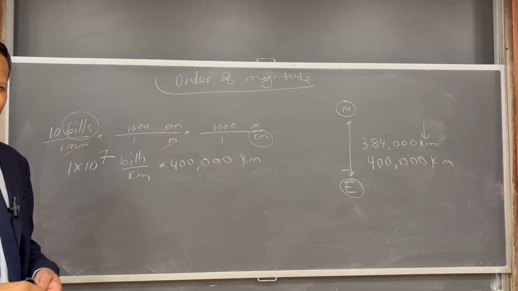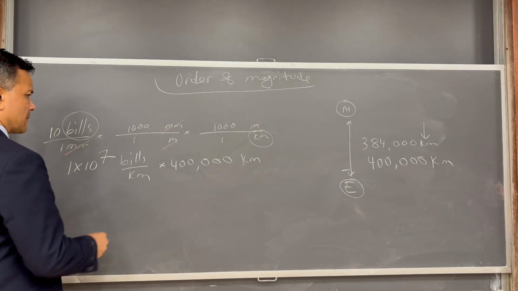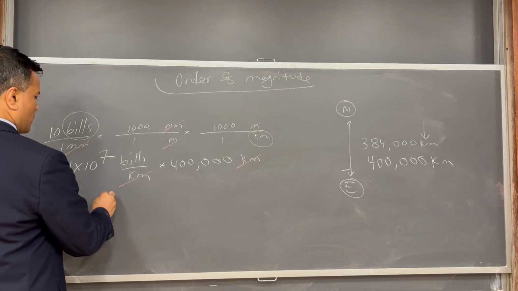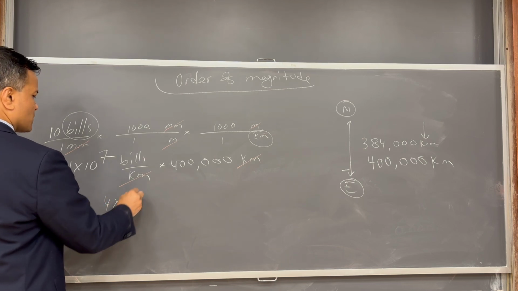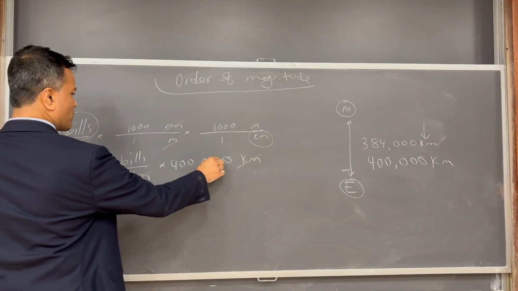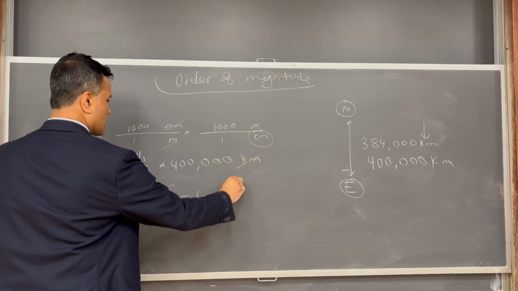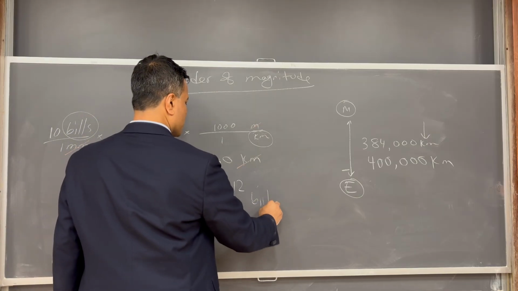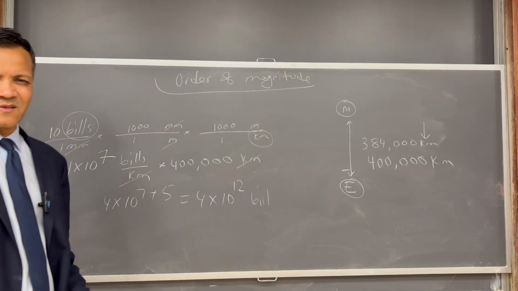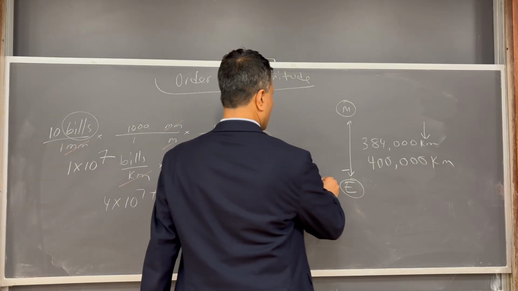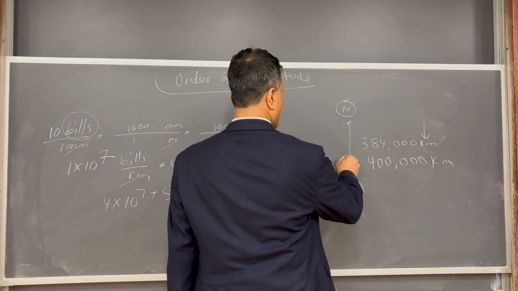Oh no, just want to guess. Kilometer cancels. How many dollar bills do you need? 4 times 10 raised to 7 plus 1, 2, 3, 4, 5. So 4 times 10 raised to 12 bills. That means you need 4 trillion bills to make a staircase between Earth and the Moon.